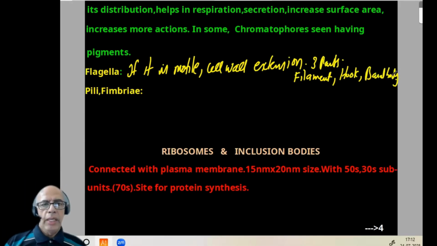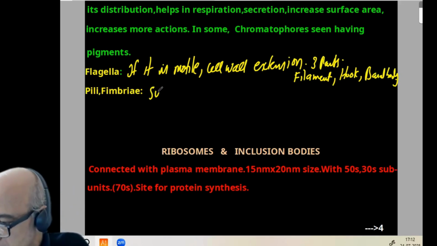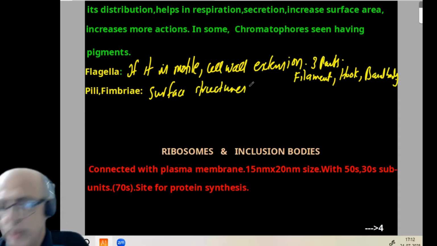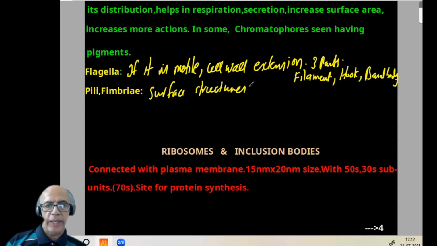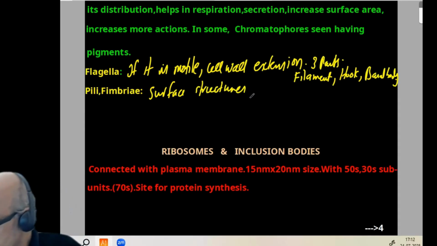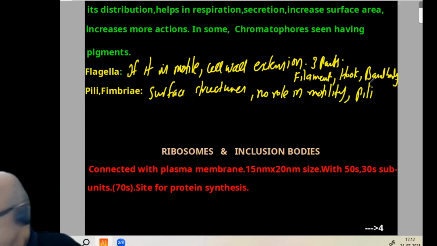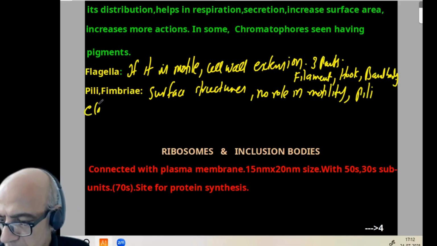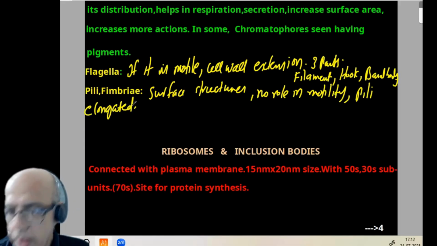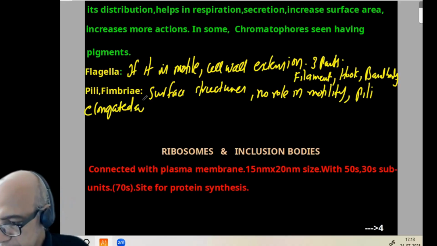Now comes pili and fimbriae. They are simply surface structures, with no role in motility. Pili are comparatively elongated, made of the protein pilin.